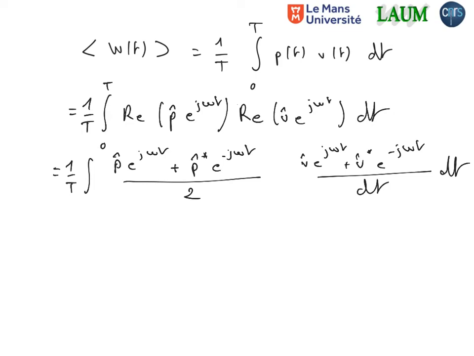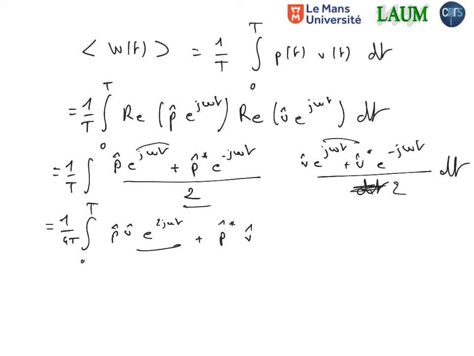Now I just have to expand. This is 1 over 4T, since 2 times 2 is 4, times the integral between 0 and T of p hat v hat e to the 2 j omega t plus p hat v hat conjugate. The e to the 2 j omega t term is the product of the two e to the j omega t factors. When we consider the other factor multiplied by this one, we get e to the minus j omega t multiplied by e to the j omega t, which is 1.